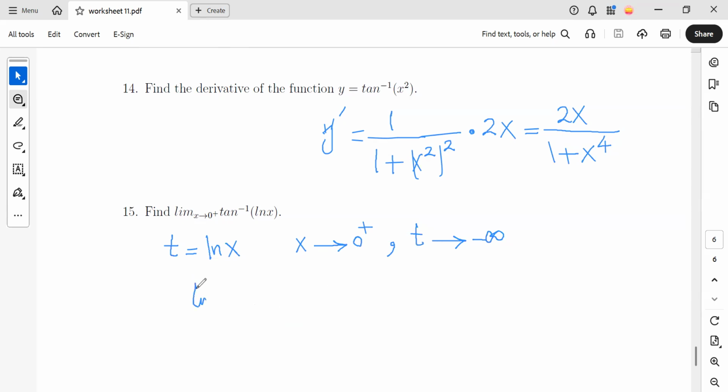Now, the limit will be the limit of tan inverse, instead of ln of x we would write t, when t is approaching negative infinity.